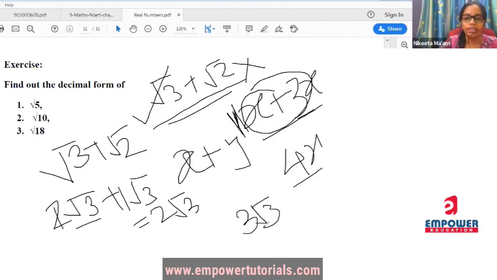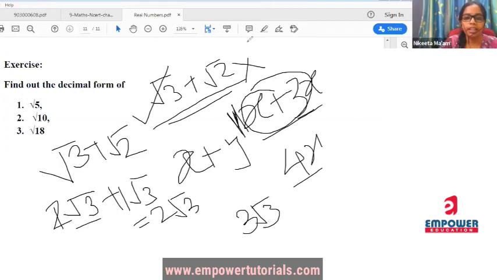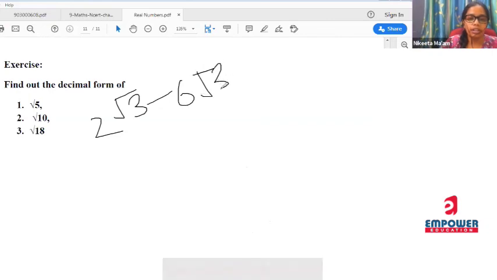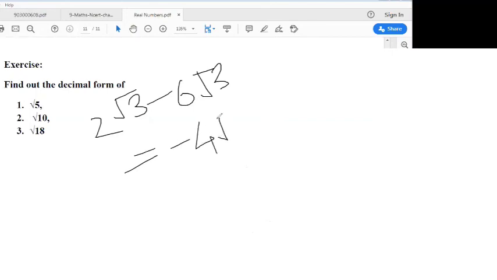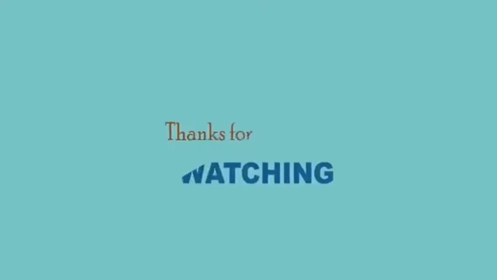What if you have 2 root 3 minus 6 root 3? The answer will be minus 4 root 3. Very good. This is how you have to do it. You have to consider the number as a variable so that you can apply those rules.